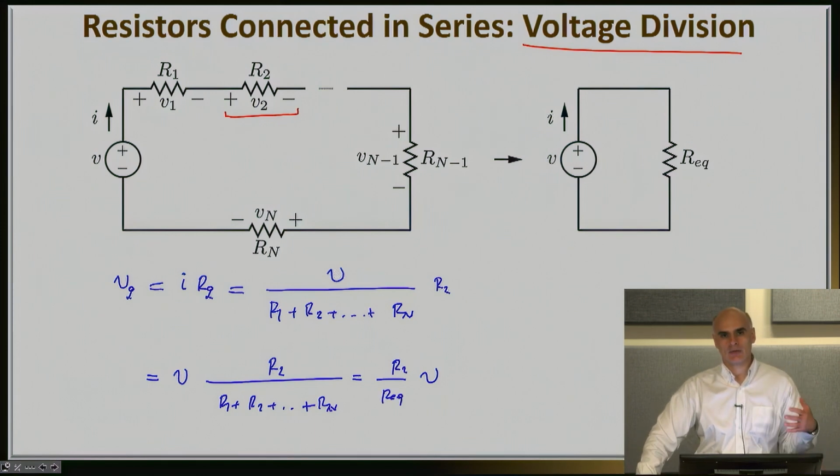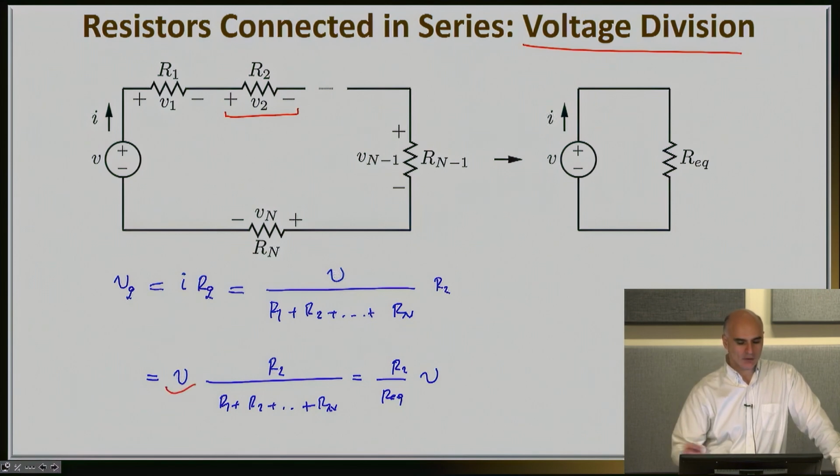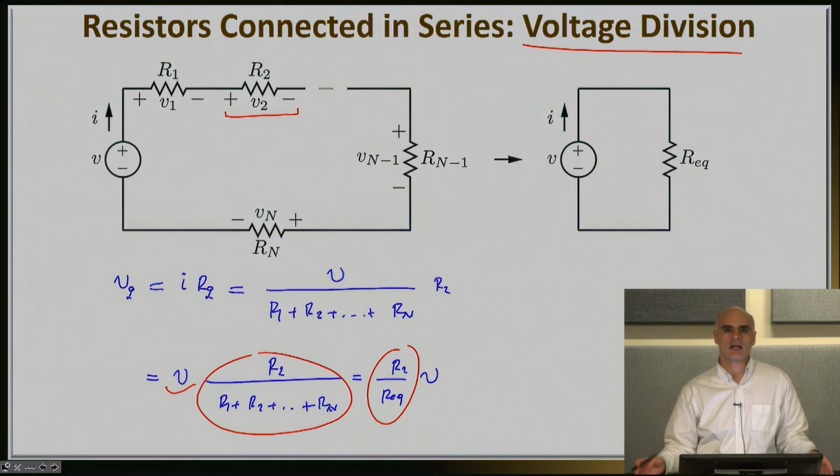So when you read the equation the way I have written it here, you can't help but think of this as a voltage division. You took the total voltage that was applied and you divided it by a ratio, and that ratio is nothing else but the resistance you care about over the total amount of resistance. Or another way that people will say that is that the voltage drops will be distributed according to the values of the resistances.